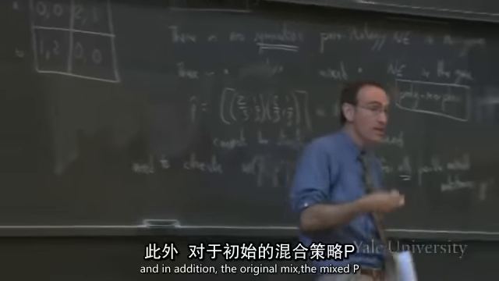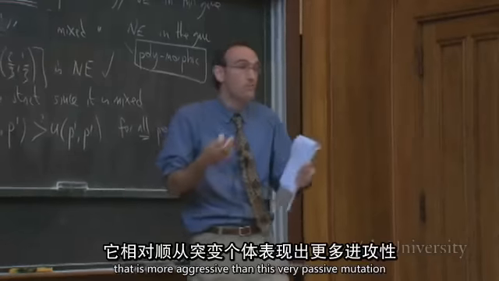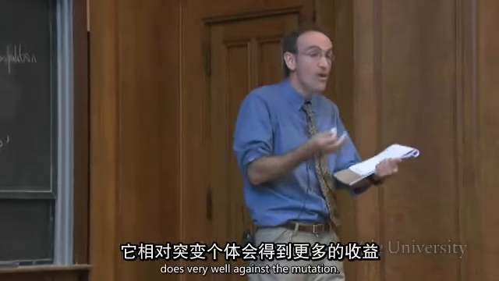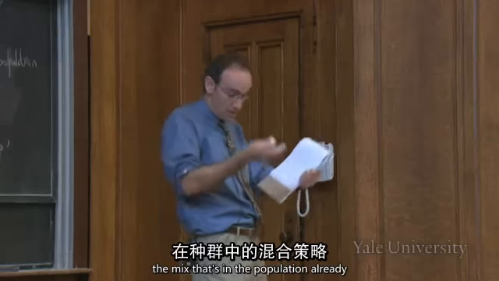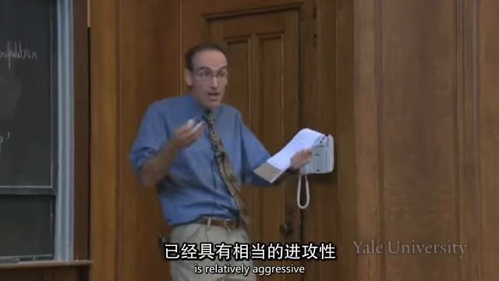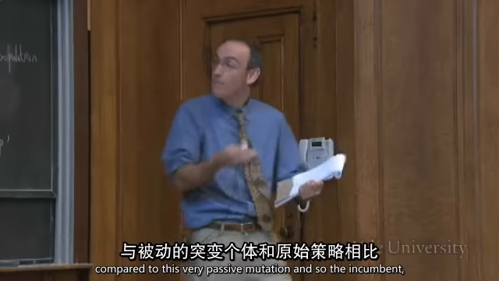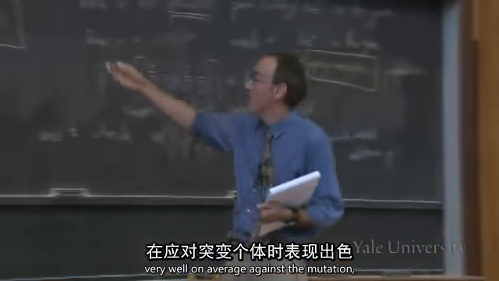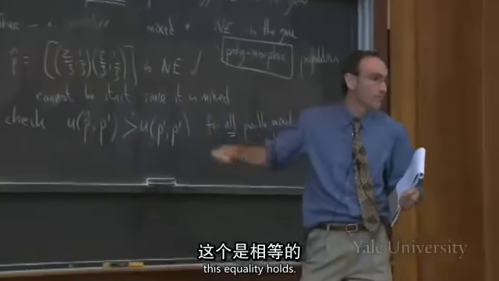And in addition, the original mix, the mix P hat, that is more aggressive than this very passive mutation, does very well against the mutation. So the mix that's in the population already is relatively aggressive compared to this very passive mutation, and so the relatively aggressive incumbents are doing very, very well on average against the mutation, and hence, once again, this equality holds.